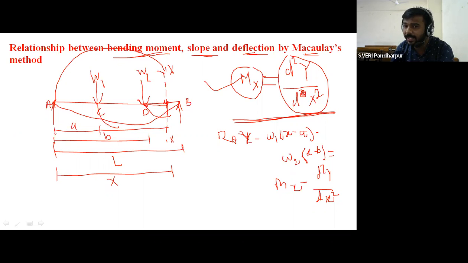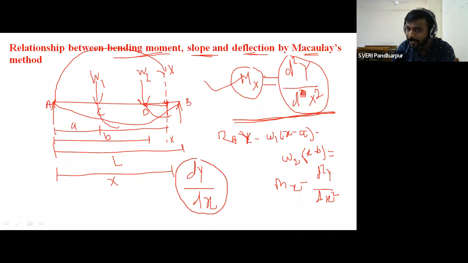We have to take the integration of all these values. By taking the single integration, you will get the equation in the form of dy by dx. Integration of d square y upon dx square is what? dy by dx. Are you knowing? If we take the integration of d square y upon dx square, its value is dy by dx, correct. Then, since we are integrating this expression, all the terms like Ra, the x distances, W1 and W2 also have to be integrated.